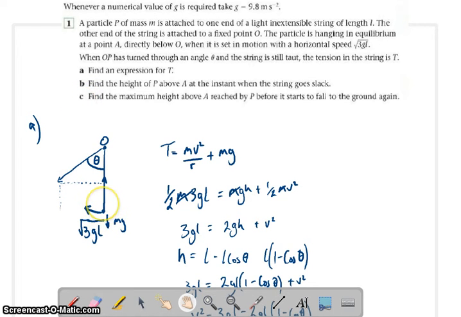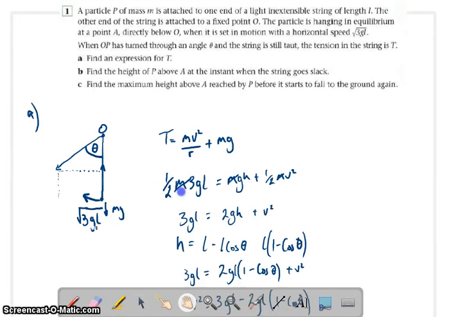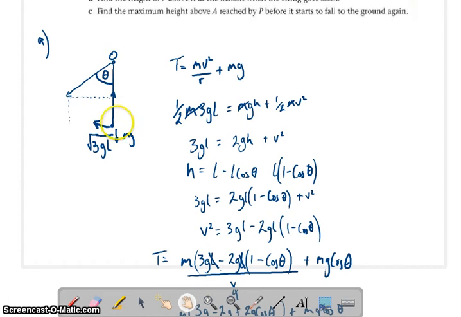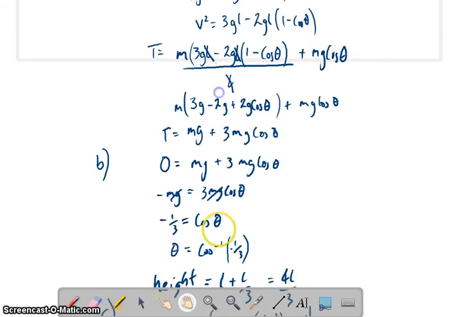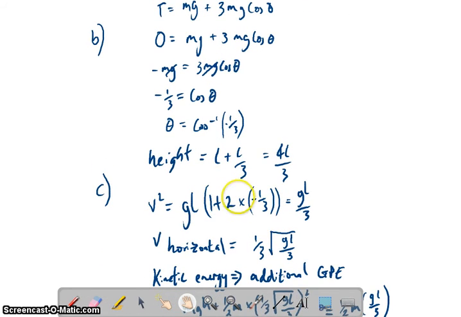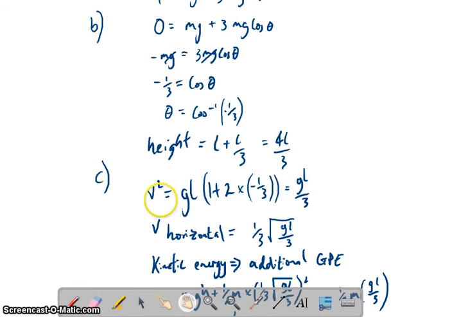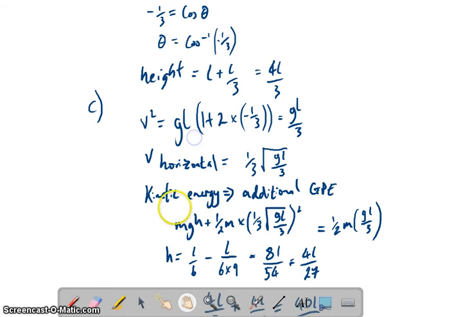A is this point in equilibrium, at the bottom here. So you've got O to A. How high does it go? You're going to need to use L here. If you take all of this, you've got this horizontal velocity. Your kinetic energy is going to go to increasing the gravitational potential energy, so it's going to go upwards and upwards.